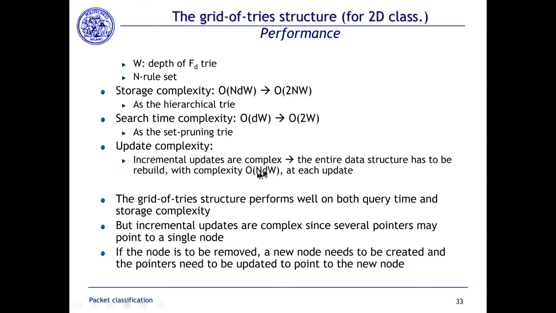The update complexity is quite high, because each time you change something in the routing table, you have to perform updates, which may also be complicated, especially if you remove a node. Then you also have to take care of all the links, all the pointers that were originating from that node.